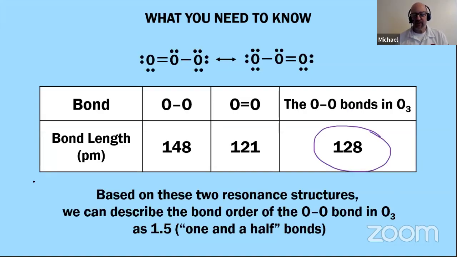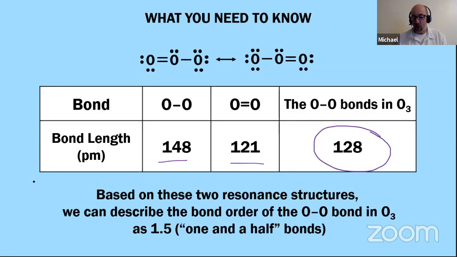What I'm showing you here is a table that has to do with bond length. Now, the OO bonds, the oxygen-oxygen bonds in ozone have the exact same length. We do not have a short bond and a long bond. And because they are the same length, in this case, 128 picometers, take a look at a single bond and a double bond. You would not be surprised to discover that a double bond is shorter than a single bond.